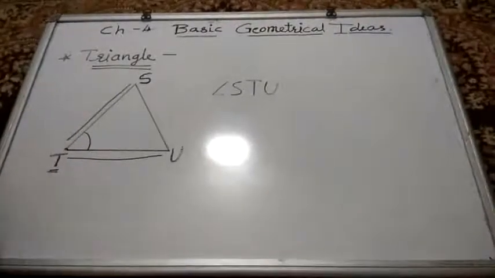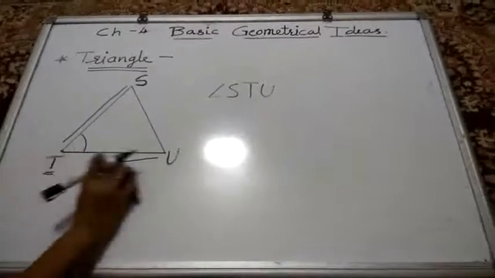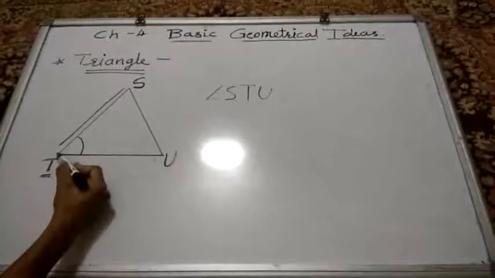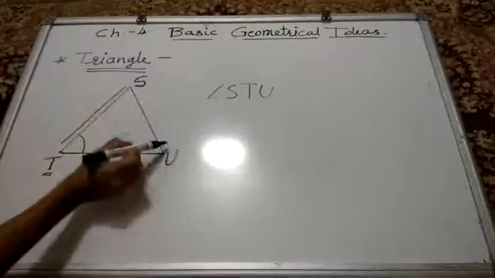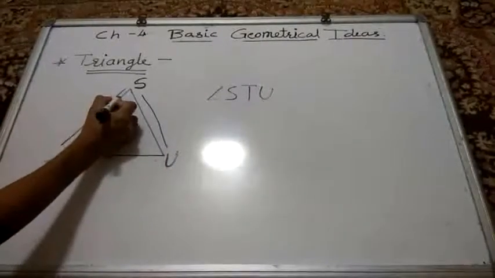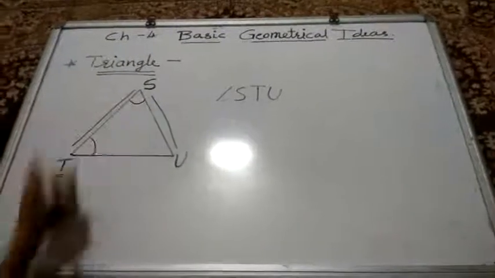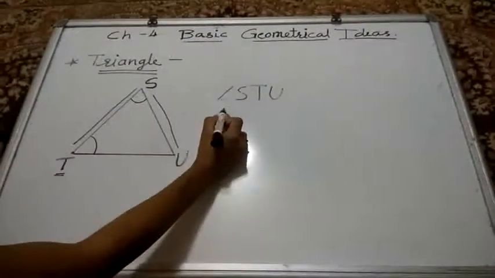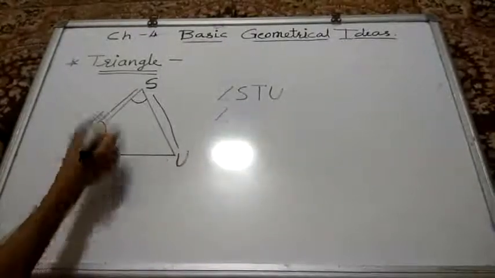Now the other line segments, TS and US, where these two line segments meet, they also make an angle. So we can write this angle as TSU.